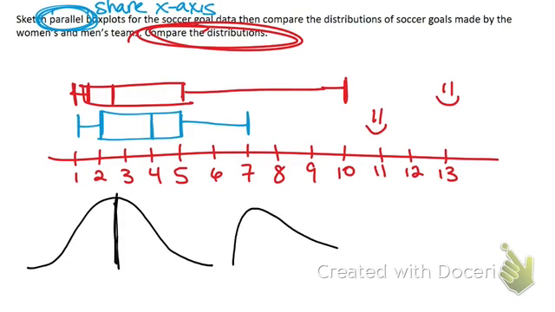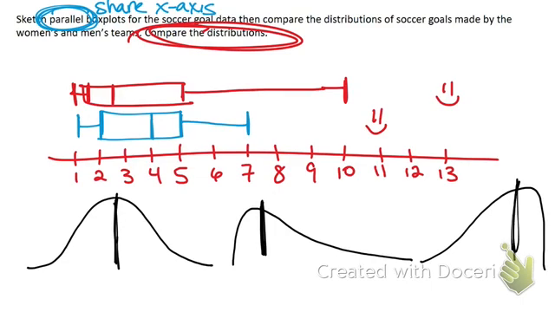A right skewed distribution. Approximately where is the median in a right skewed distribution? It's a little bit to the right of the peak. In a left skewed distribution, approximately where is the median? A little to the left of the peak.